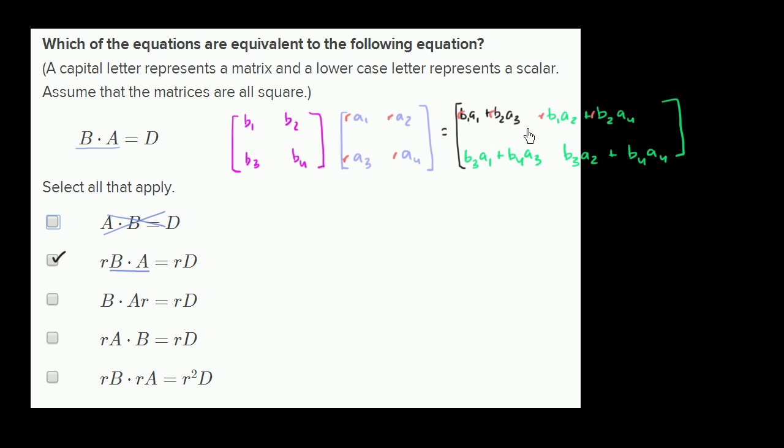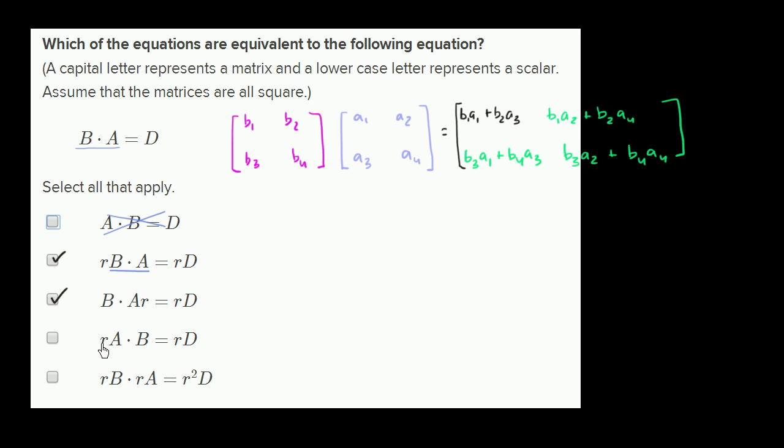So by the exact same argument, the scalar is being multiplied after the R. So notice, we're not changing the order of the matrix multiplication. It's still B times A. But the scalar can come before the B, or it can come after the A, or we can multiply the scalar times the A, and then do B times that, AR. So this is equivalent.